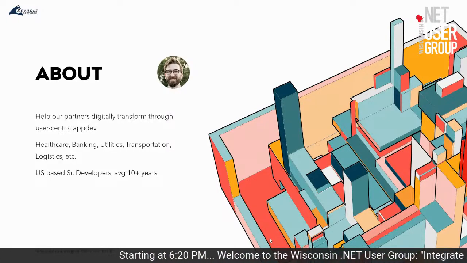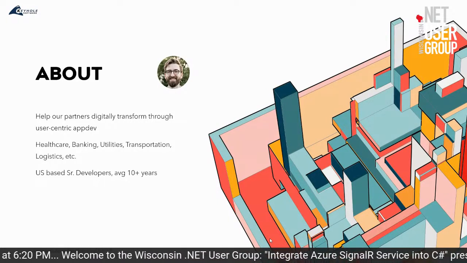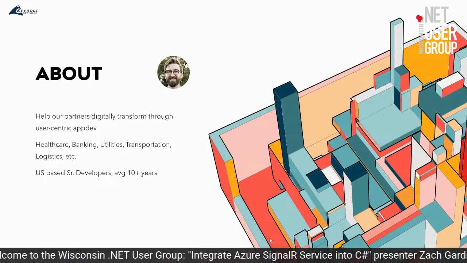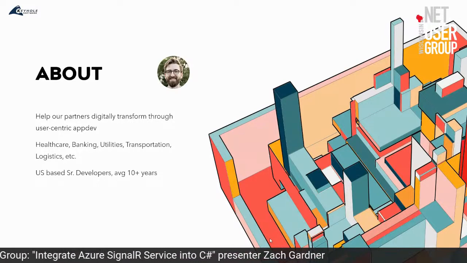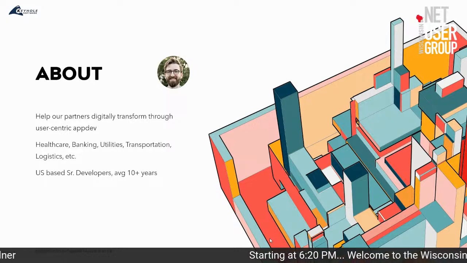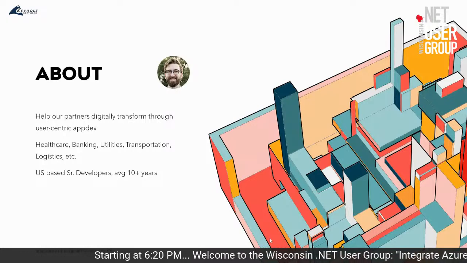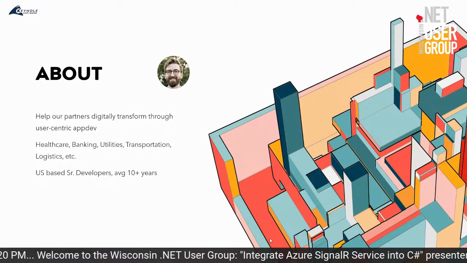If you don't know me, I am the chief architect here at Keyhole Software. We're a software consulting shop based here in Kansas City, but we have projects from pretty much the West Coast to the East Coast and everything in between. And healthcare and banking, utilities, transportation, entertainment, pretty much every place that you can put an application in front of a user, we're in some space around it.